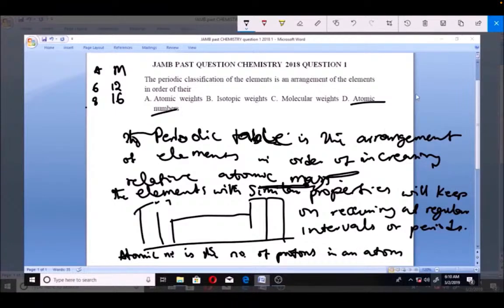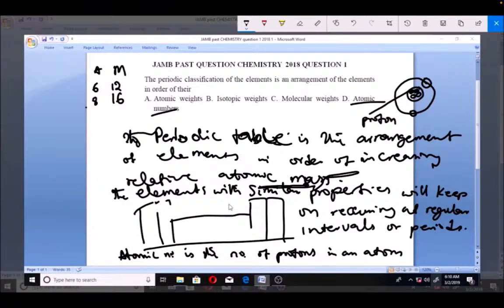So when you have an atom, it will have a nucleus, and inside this nucleus you have the protons as well as the neutrons. So revolving around the nucleus are the electrons. So the number of these protons is known as the atomic number. Understand?